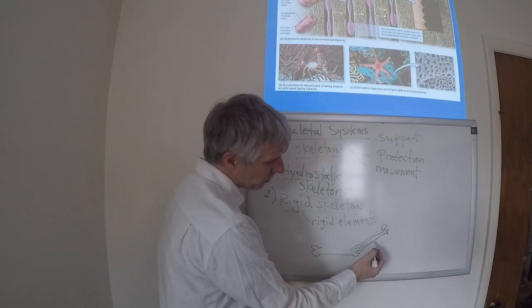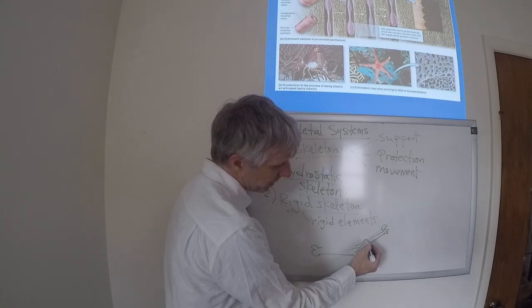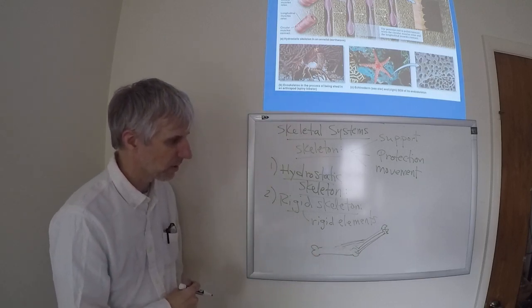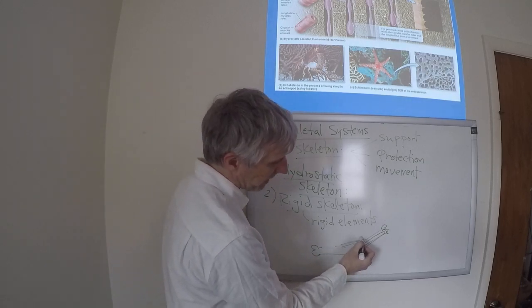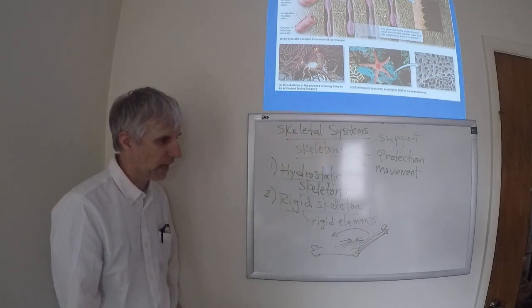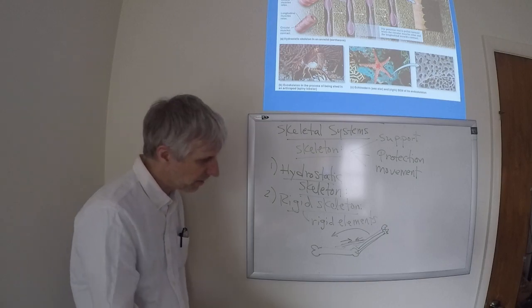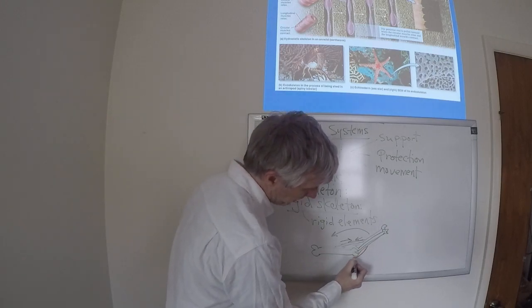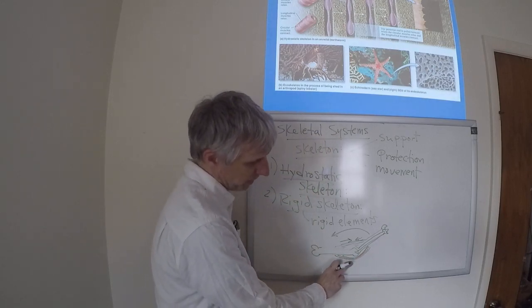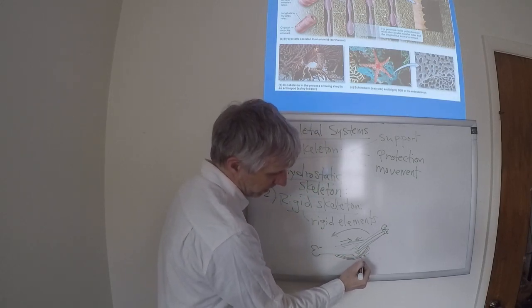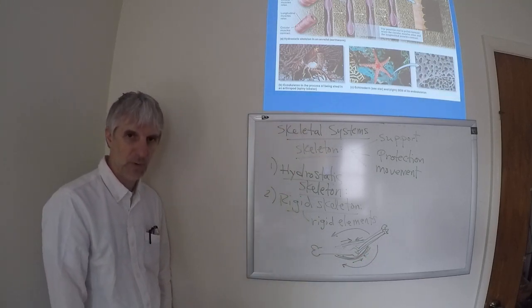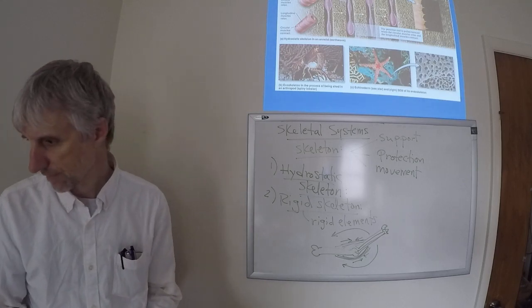Then what I could do is connect these rigid elements with muscle, and then by contracting the muscle, that would pull one rigid element toward the other. Then, when I want to put everything back the way it was, I would use a separate muscle group, and contraction here would pull the rigid element in this direction. Okay?